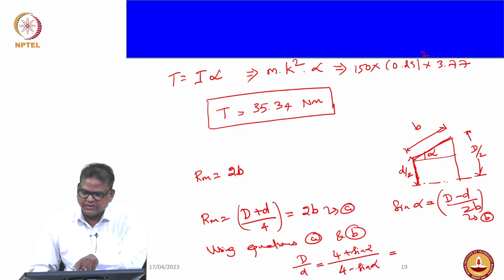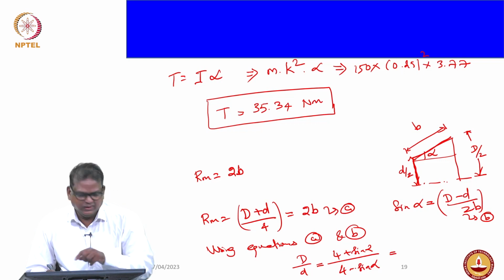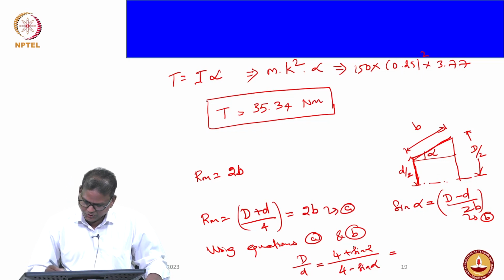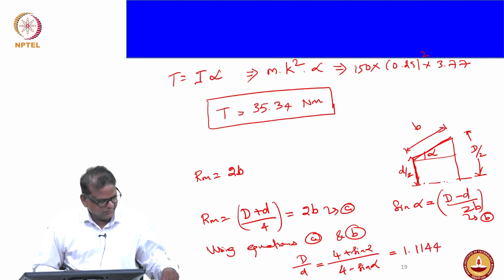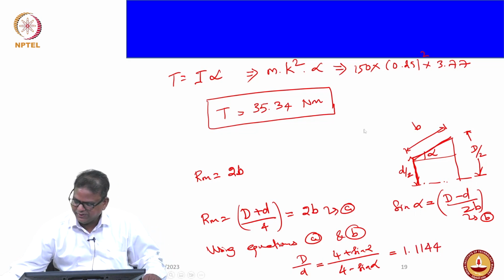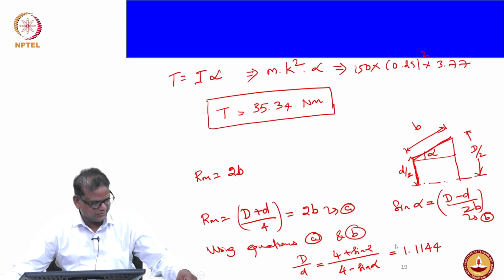Alpha is given 12.5. If you substitute, you will get the ratio 1.1144.